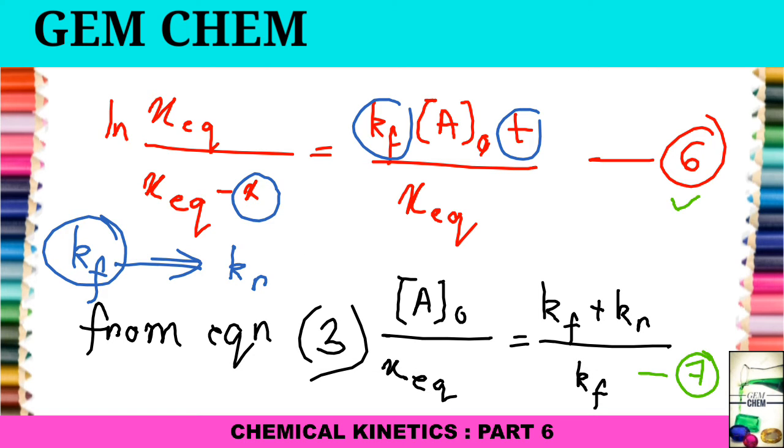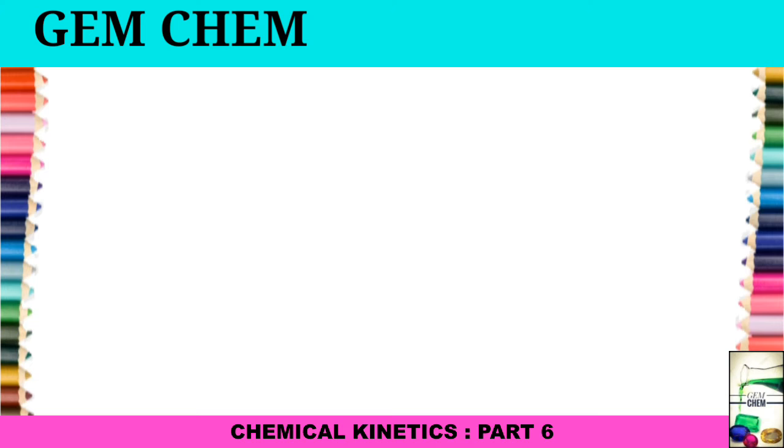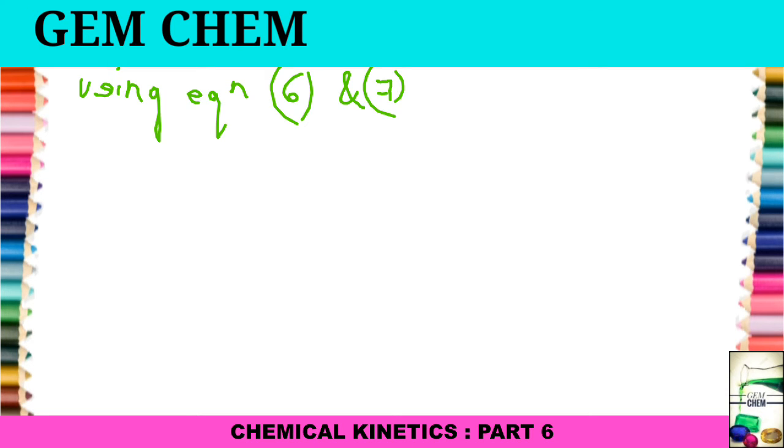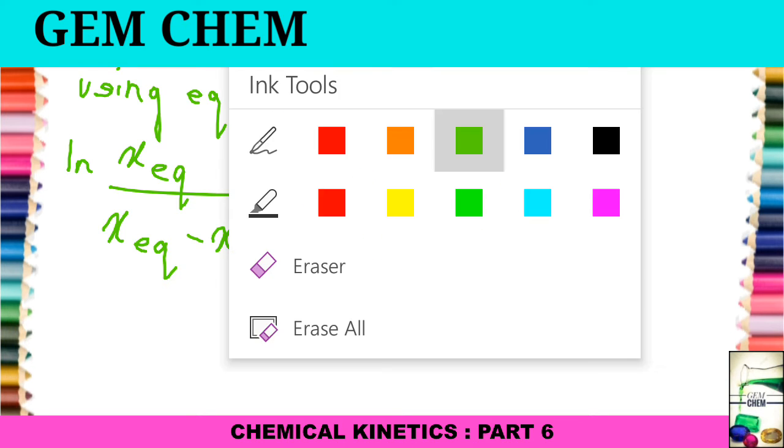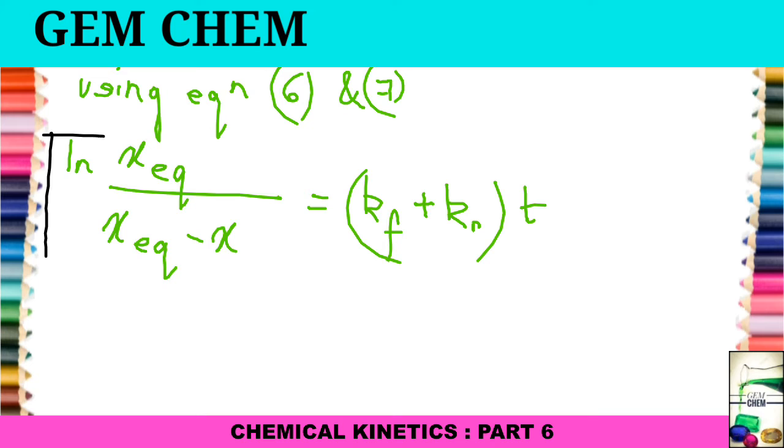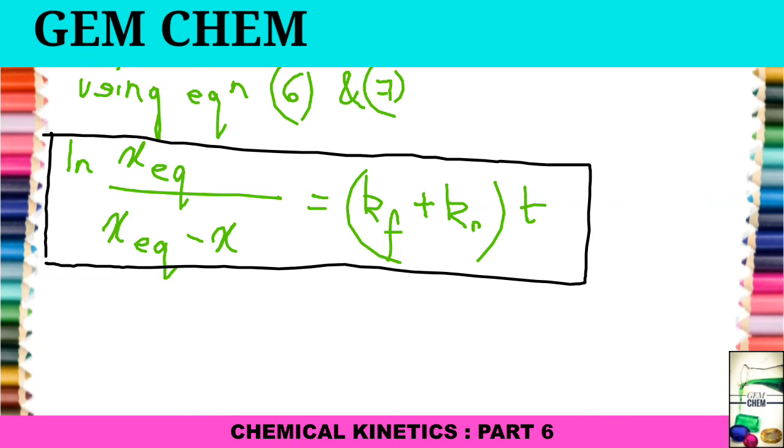Now we will use this 6th equation and 7th equation together and obtain another value. Using equation 6 and 7 we get ln X equilibrium by X equilibrium minus X, and this comes to be as Kf plus Kr multiplied by T. This is one of the most important equations for our reversible reaction. This is our equation number 8.